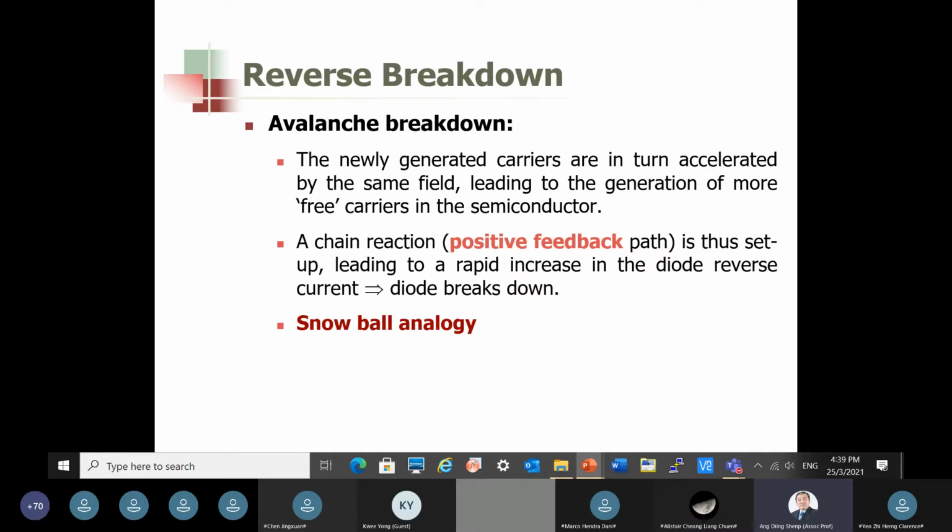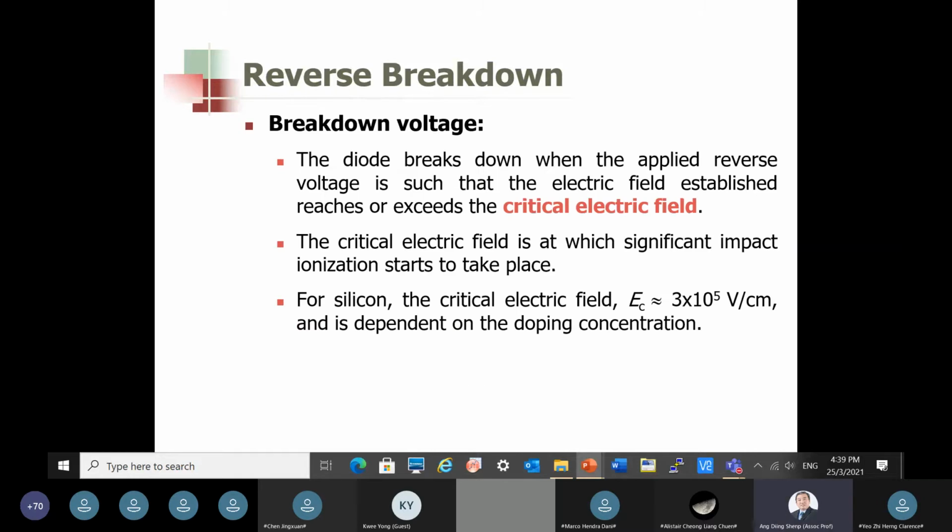This differentiates Zener breakdown from avalanche breakdown. Zener breakdown is non-destructive because the current flow through the breakdown diode can be controlled. Now, with this understanding, we can predict the breakdown voltage at which avalanche breakdown happens.